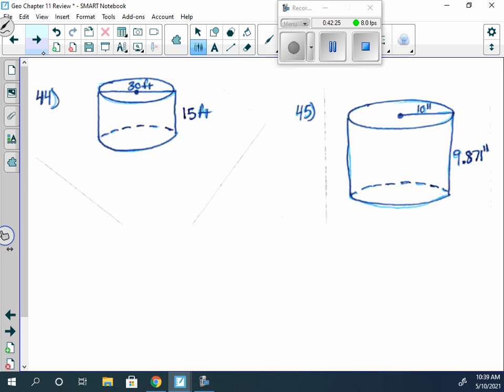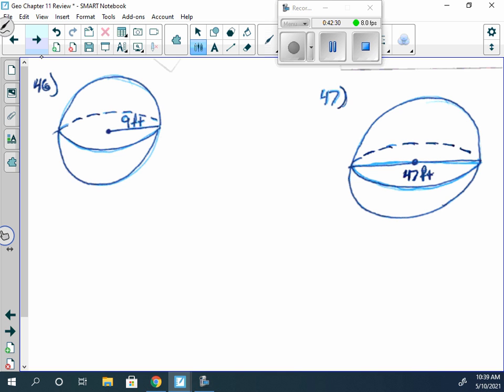So 44 and 45 would be the exact same thing. Now a sphere, put this in here, surface area is 4 pi r squared. A hemisphere, surface area is 3 pi r squared.